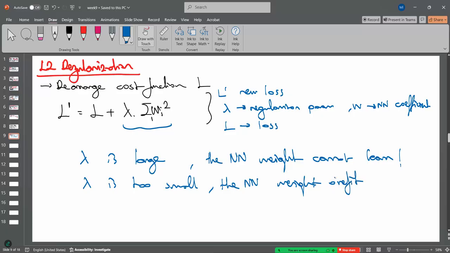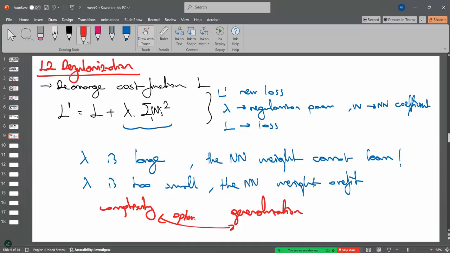Okay, we should optimize lambda between the complexity and the generalization. This is an optimization. We should select the correct number or value of this lambda. Okay.